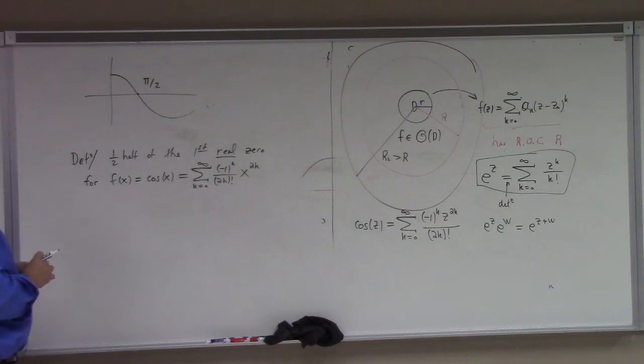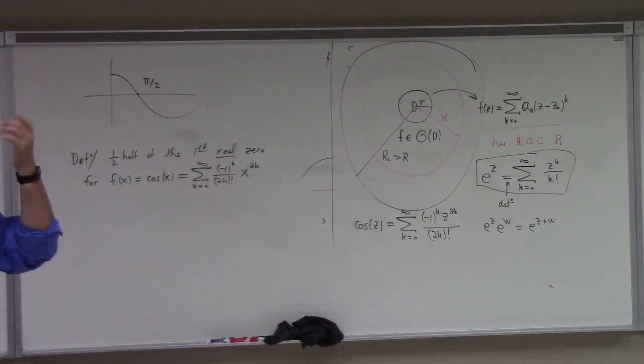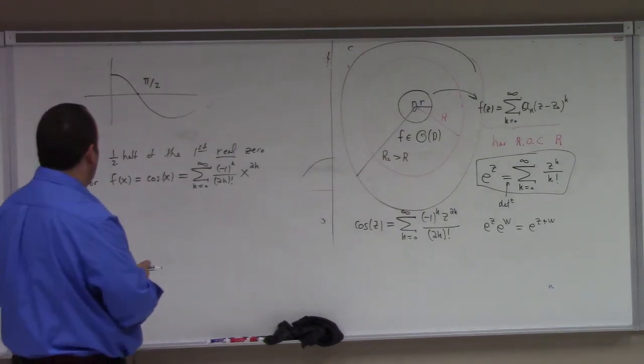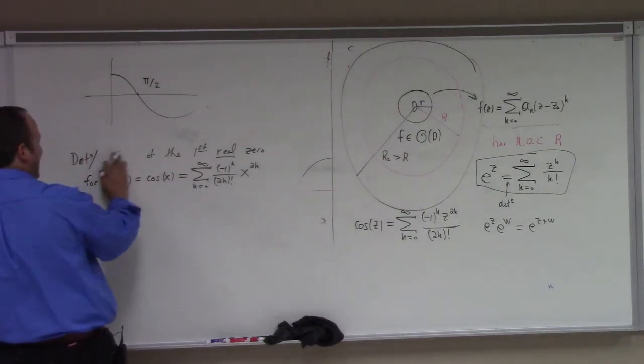One half of the first real 0 for f of x equals cosine x, like so, is pi. Oh, I should say twice, right? I can't do math. Twice.